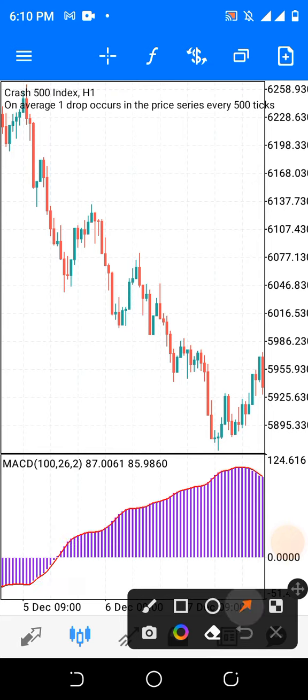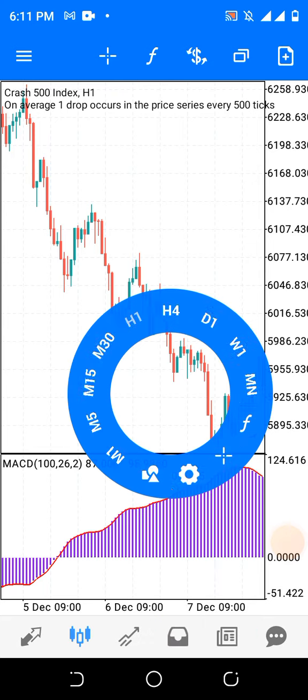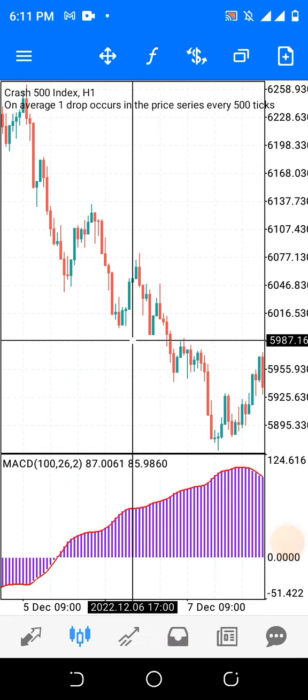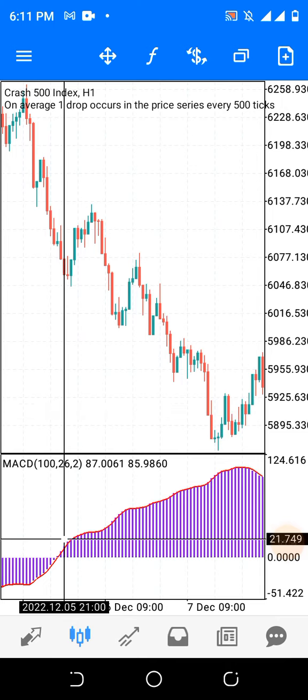Now, this is how it goes. When the MACD crosses from down upwards, that is a sell signal, a confirmed sell signal. Do you understand? So in this case, once you notice this crossing here, look at it.